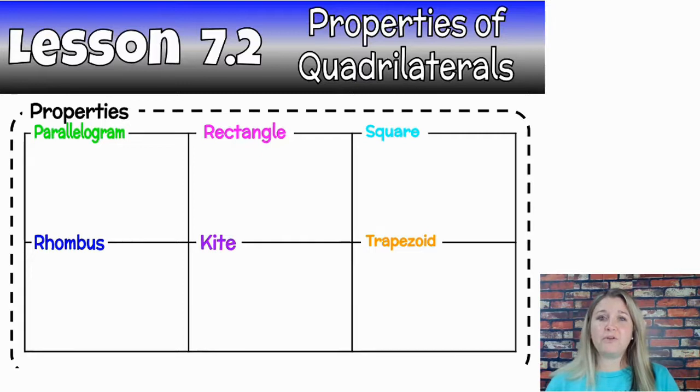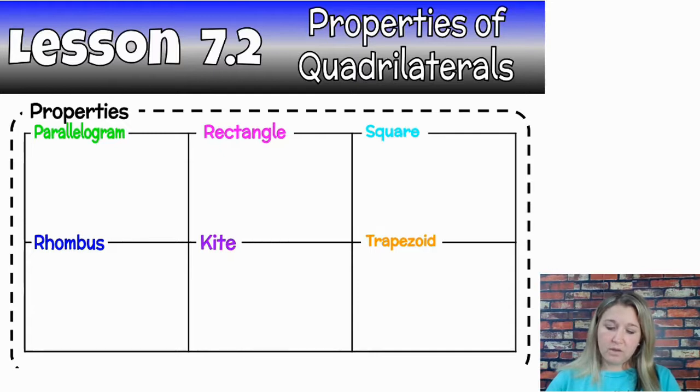The first quadrilateral we're going to look at is a parallelogram. And something you may not know about parallelograms is that they're kind of the building blocks for all of the area formulas. So they're kind of like the building blocks for almost every single shape. So a parallelogram is going to have congruent, parallel, opposite sides.